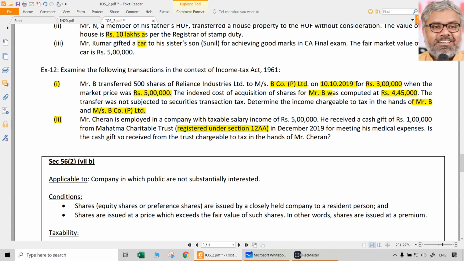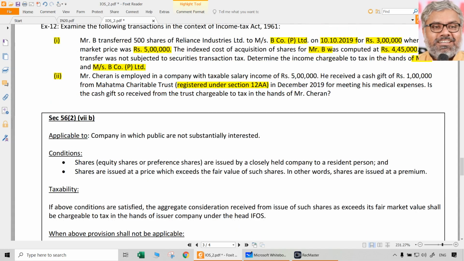Gift received from a trust, local authority or university, etc. will not be taxable. So it is a trust which is registered under 12AA, which means it is a proper trust. That means nothing is taxable in the hands of Mr. Charan, even if he receives that from that trust. So not taxable is the answer for second point of exercise 12.